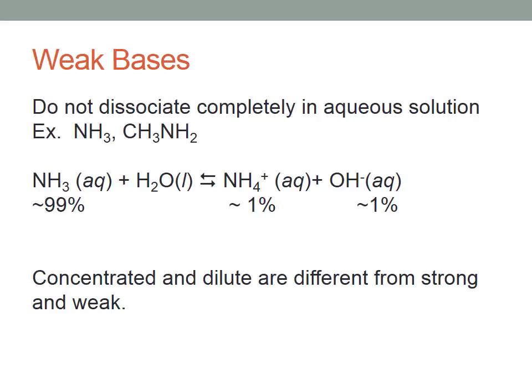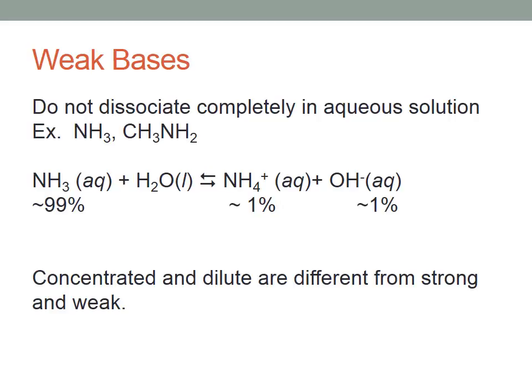Now, in terms of concentrated and dilute versus strong and weak, we have to understand that there is a difference. Concentration refers to the amount of the solute present in a given amount of solution. That is, how many moles of the solute we have in a given volume of solution. If we have a lot of it, then it's concentrated. If we have a small amount, then it's dilute.